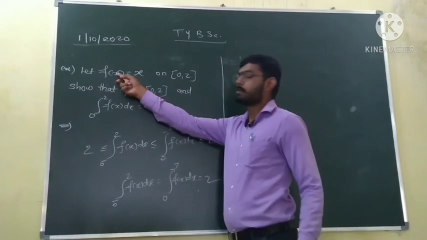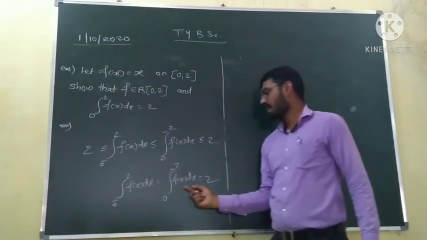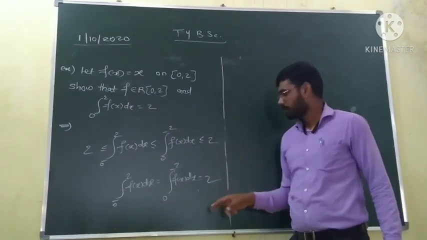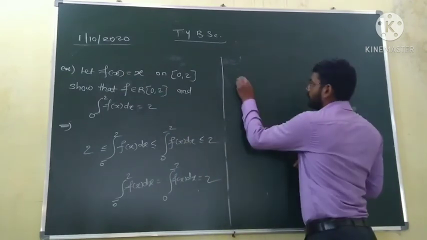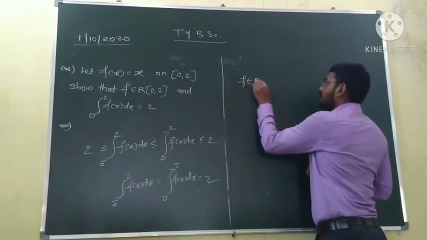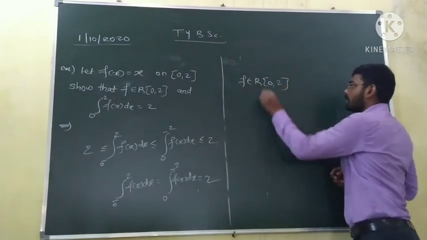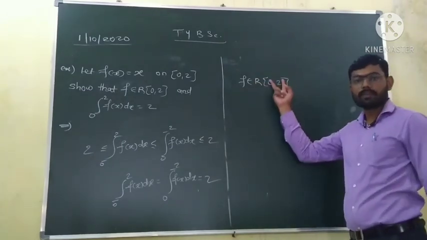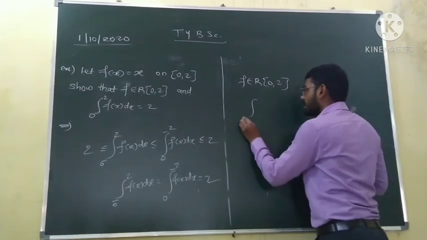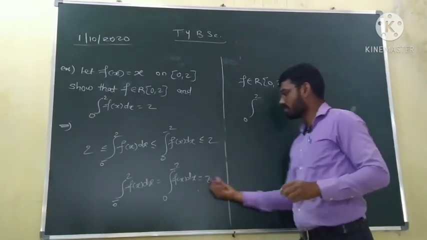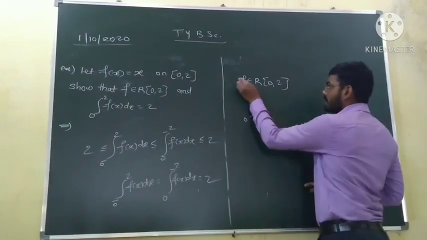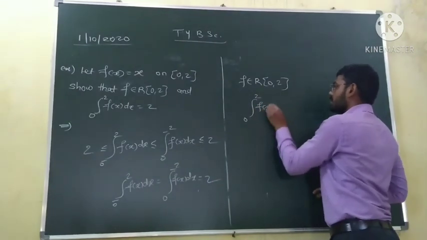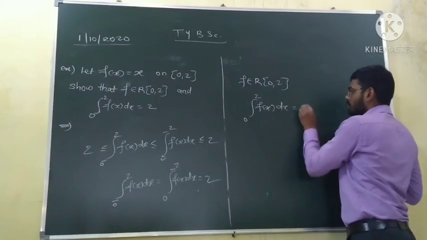So for this function, the lower integral and upper integral are equal, and they are equal to 2. So this function f is Riemann integrable over this closed bounded interval, and its integration is the common value of the lower and upper integral, which is 2.